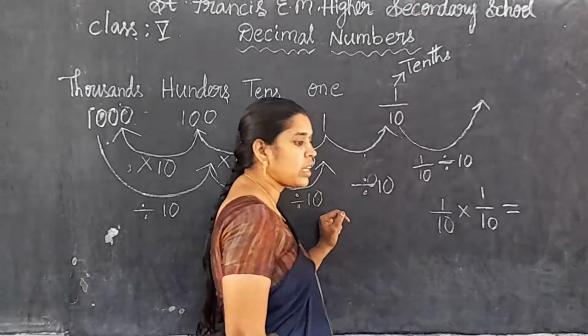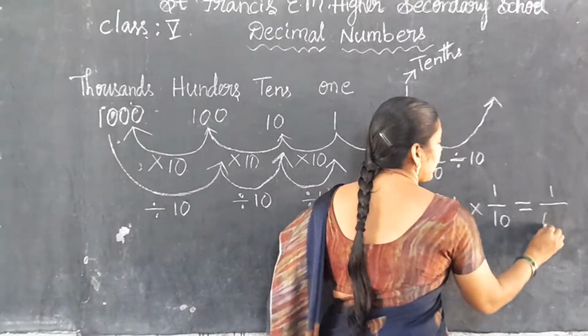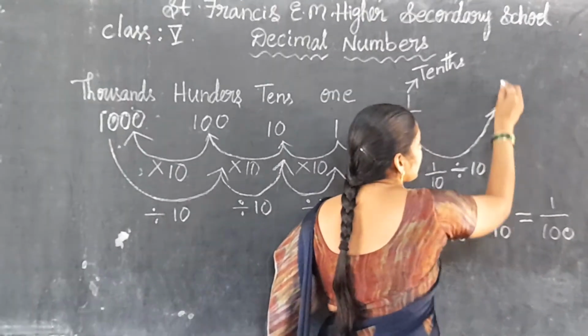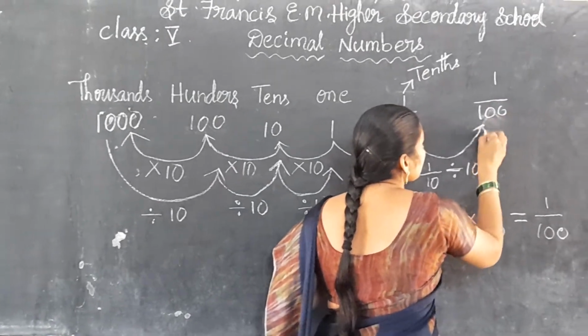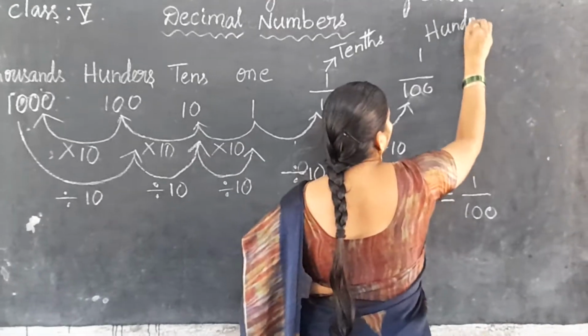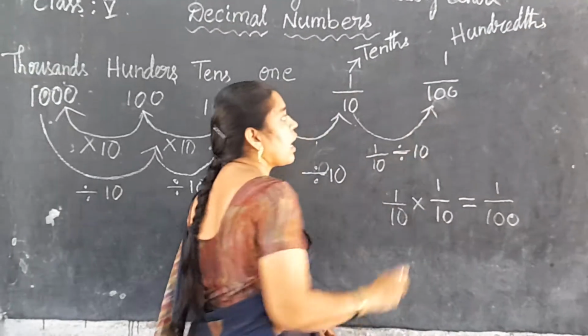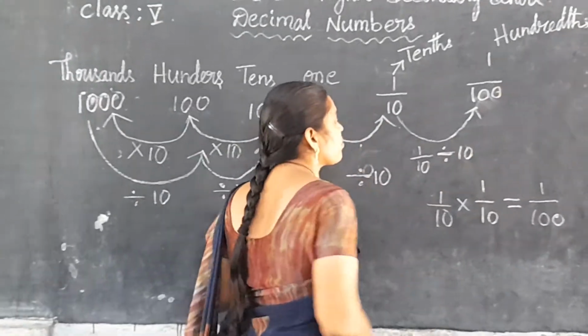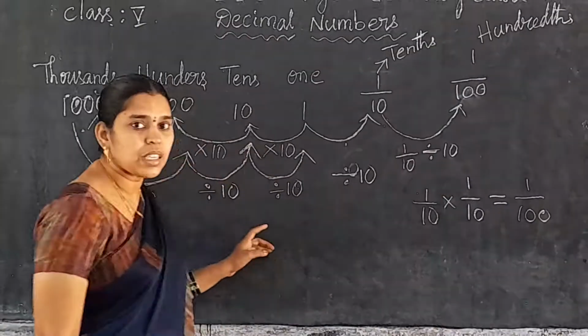Then its value is 1 by 100, 10 into 10 is 100. This is hundredths place. Like that, so on. Is it clear, children?